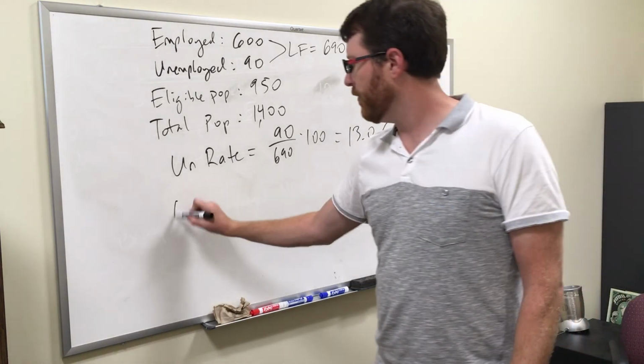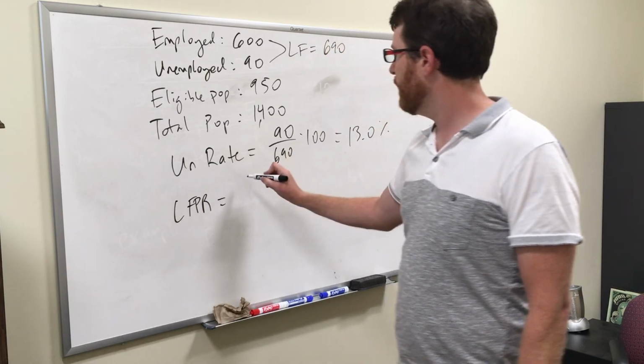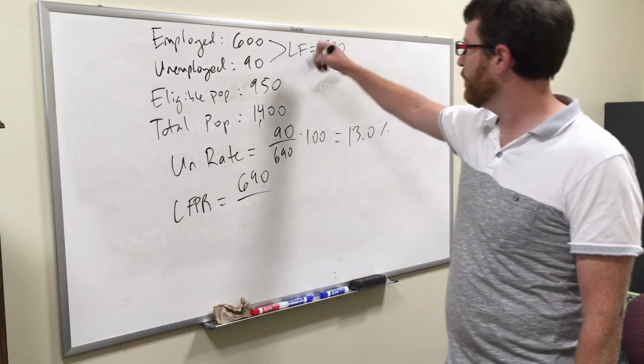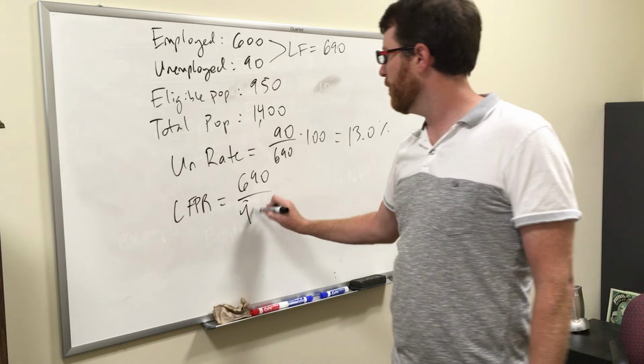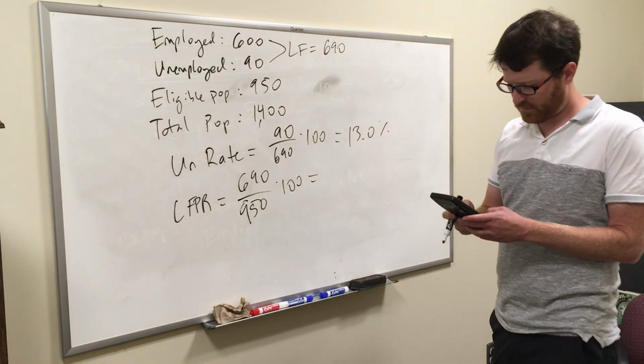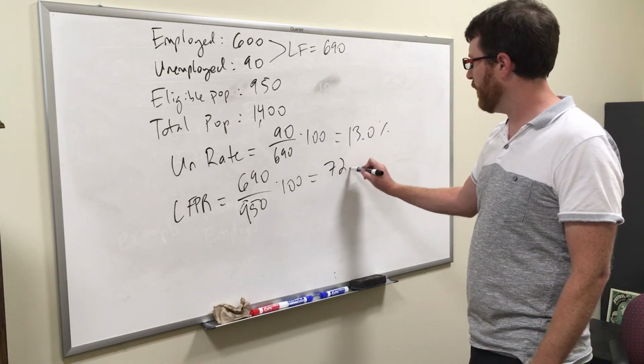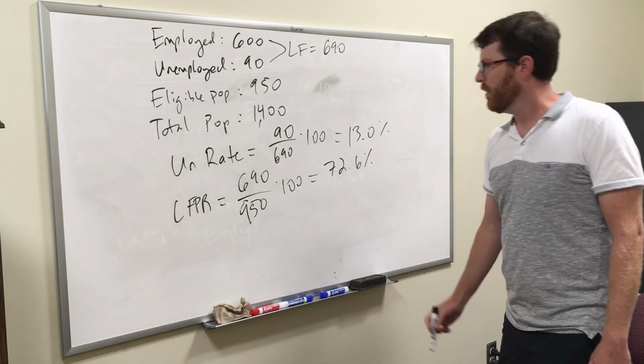And then the labor force participation rate would be 690, the labor force, divided by the eligible population of 950. And you get 72.6%. Okay?